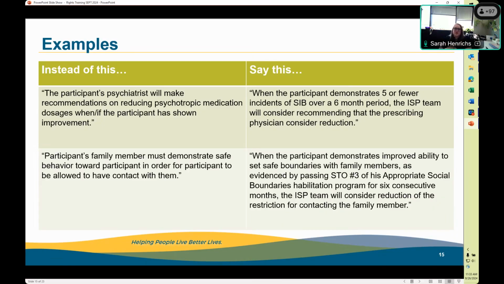When the participant demonstrates improved ability to set safe boundaries with family members, as evidenced by passing STO3 in his appropriate social boundaries habilitation program for 6 consecutive months, the team will consider reduction of the restriction on contacting the family member.